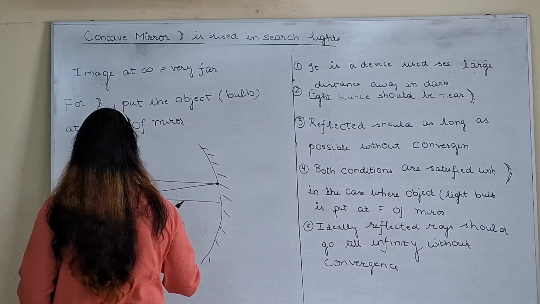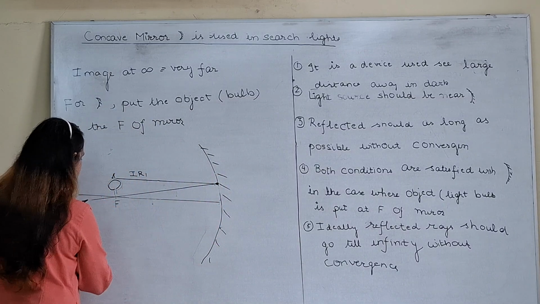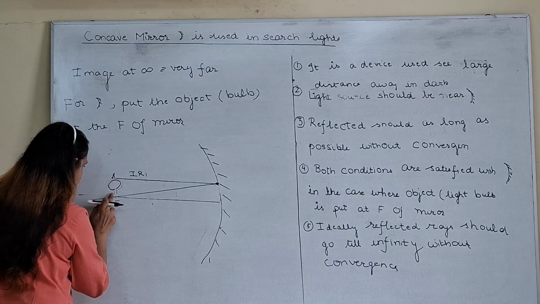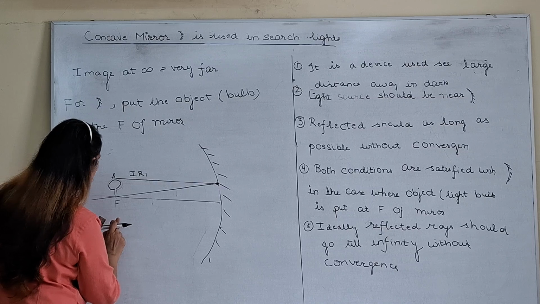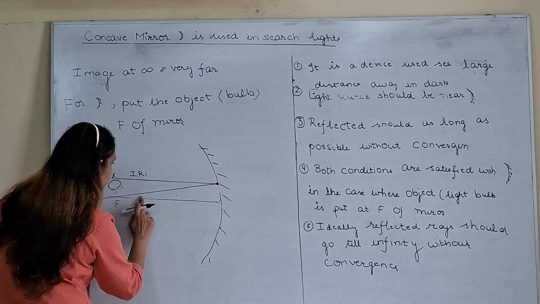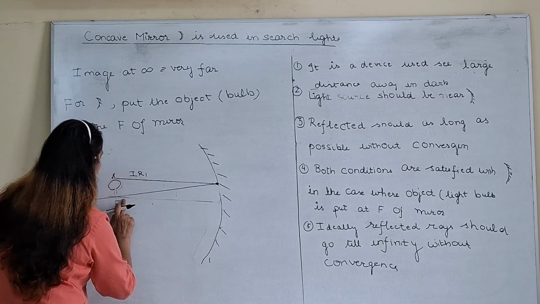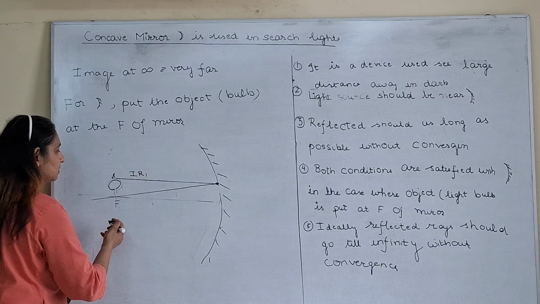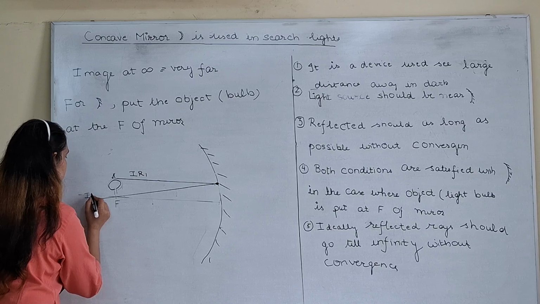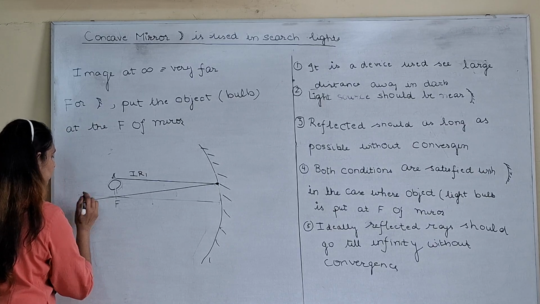All right, I'm rubbing this principal axis because there are too many lines here. I have rubbed the principal axis. This will make it more clear. So this is incident ray 1, and this one which is passing from focus is reflected ray 1.